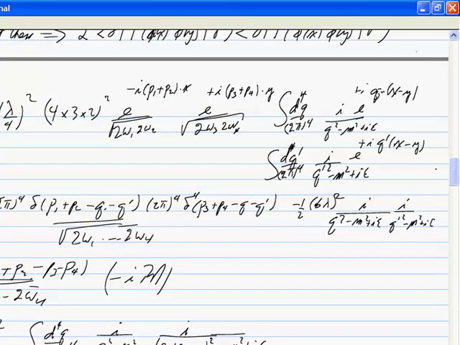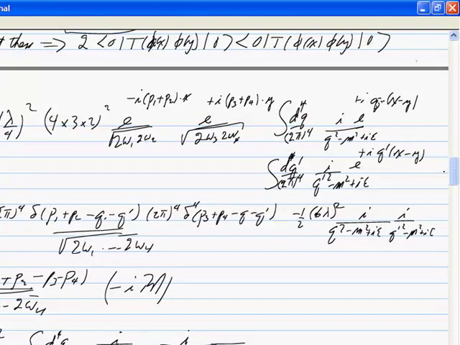Okay, so there we are. We're done. And this has all the features of the rules in it. There's a minus 6iλ at each vertex. There's a propagator for each of those internal lines. Momentum was conserved at the vertices.